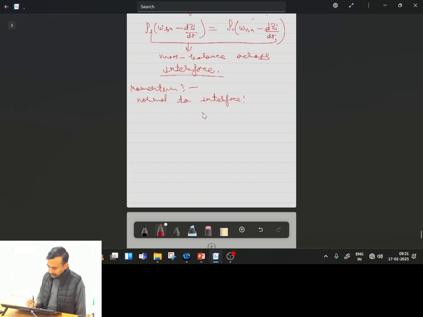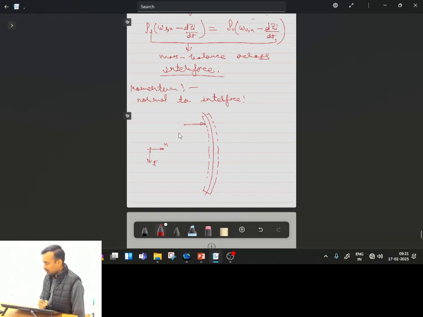So this is my interface again, and this is my control volume. In a similar way, this is my normal direction and this is my tangential direction. Now can you tell me what will be the mass flux entering the interface?